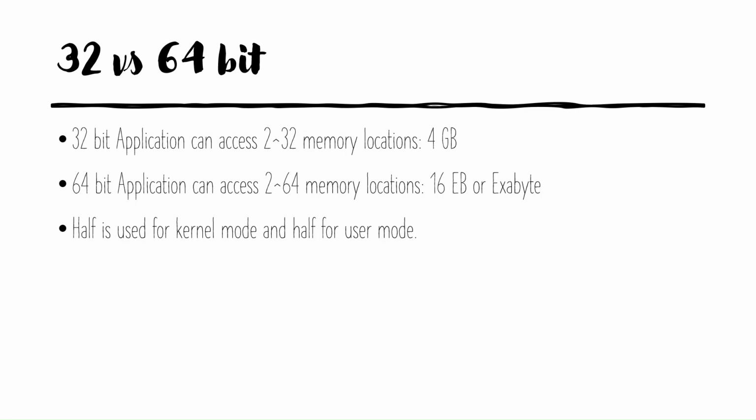If the data is available, it simply returns it. If not, that's when a fault happens. That's when a page fault happens. Then it needs to go to the page file to check for that data, fetches the data from the page file, and returns it to the process.